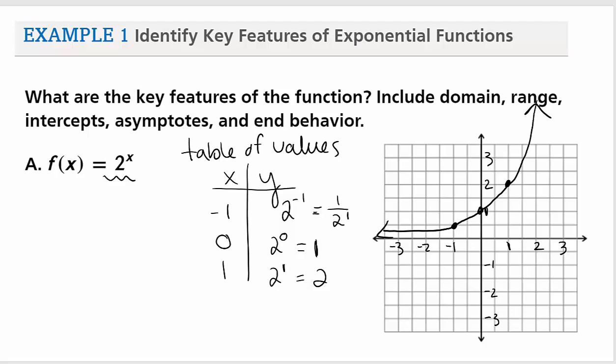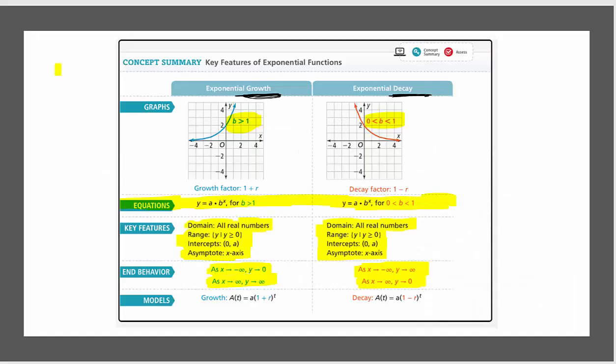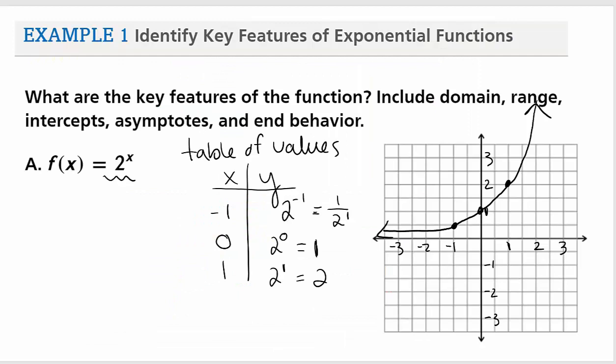and join it up. So remember, if we go back to our key features graph, we have an asymptote that is the x-axis. So I'm going to actually graph our asymptote. Now our asymptote is going to change based on a vertical translation.